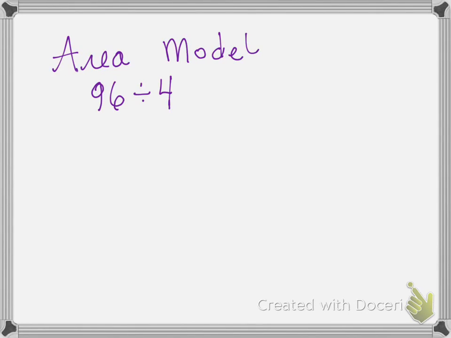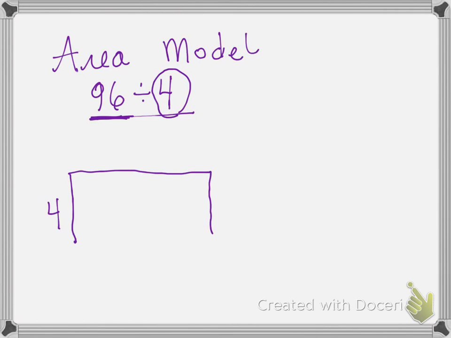All right, so now we're going to do an area model that demonstrates 96 divided by 4. So here is our width, 4, and we know that the area is 96 square units. So I'm going to make a rectangle and put 96 in the middle.